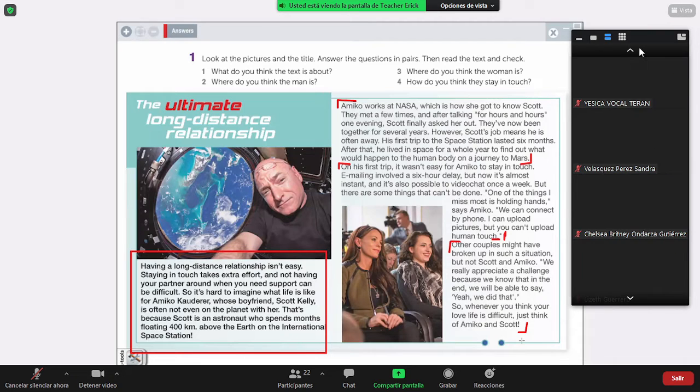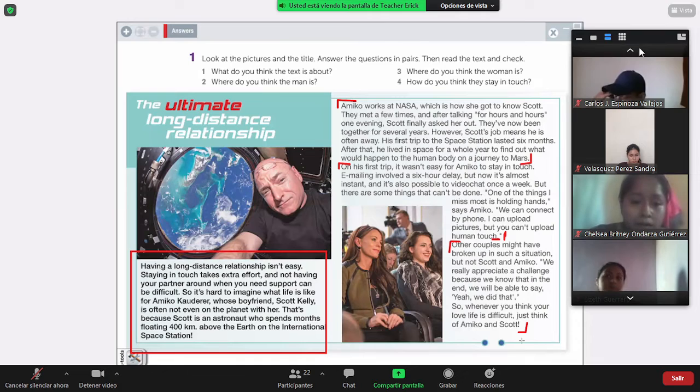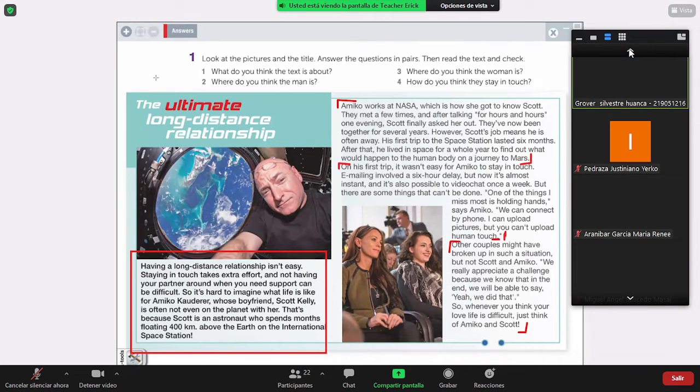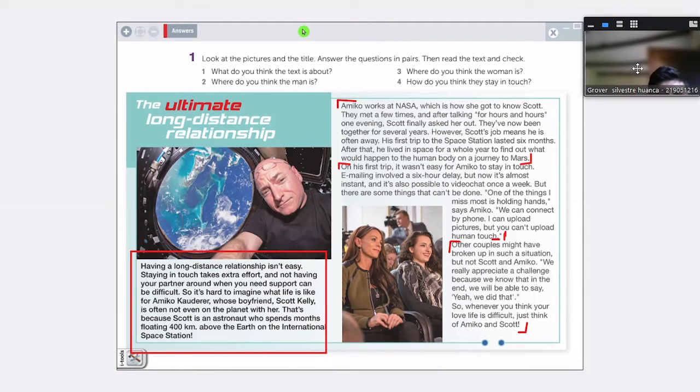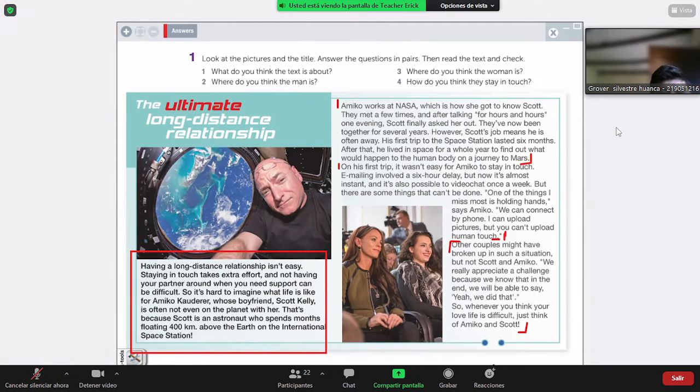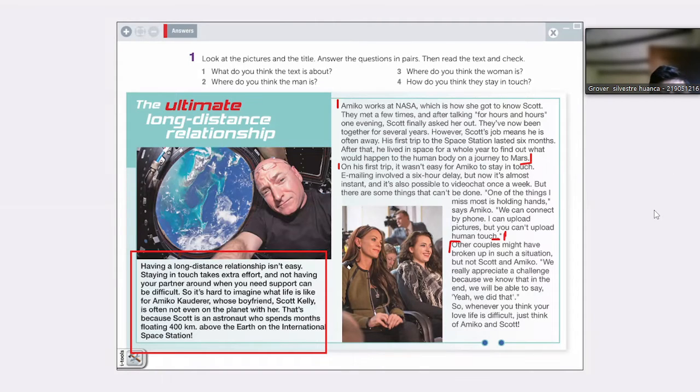Having a long distance relationship isn't easy. Staying in touch takes extra effort, and not having your partner around when you need support can be difficult.